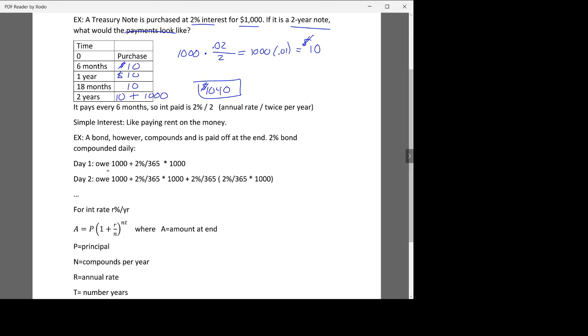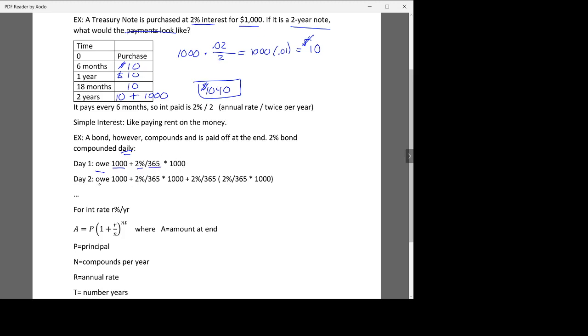So on day 1, if you bought a bond for let's say $1,000, whoever's paying you on it, if it's a bond that a bank like a CD or something is paying you, after the first day you could look at it. After a day passed, you'd have your $1,000 still there, plus you'd get your 2% rate, and it's compounded daily, so you'd get 1/365th of 2% times the money that was sitting in there for that day.